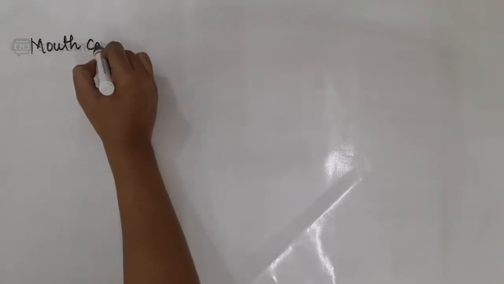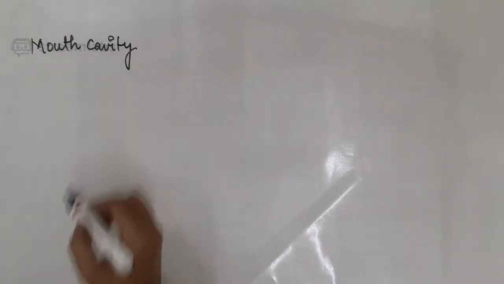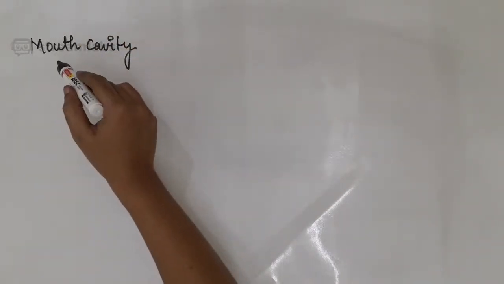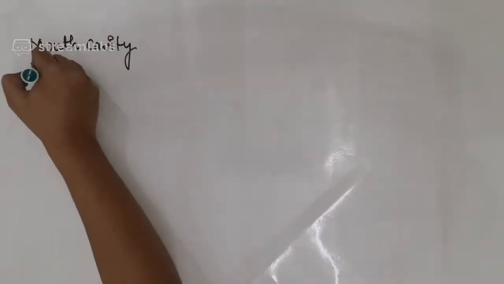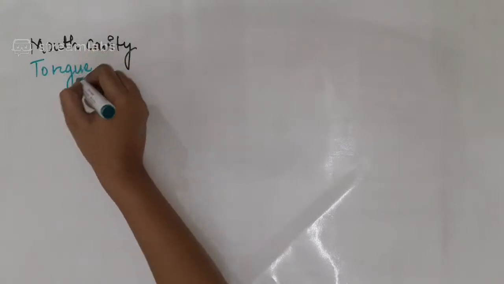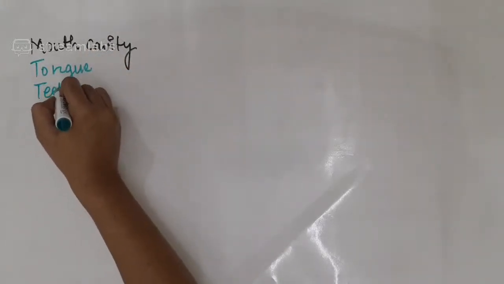In the mouth cavity, the teeth masticate the food and mix it with saliva with the help of the tongue. So you can write, the food which is taken into the mouth cavity is held by the tongue and teeth.